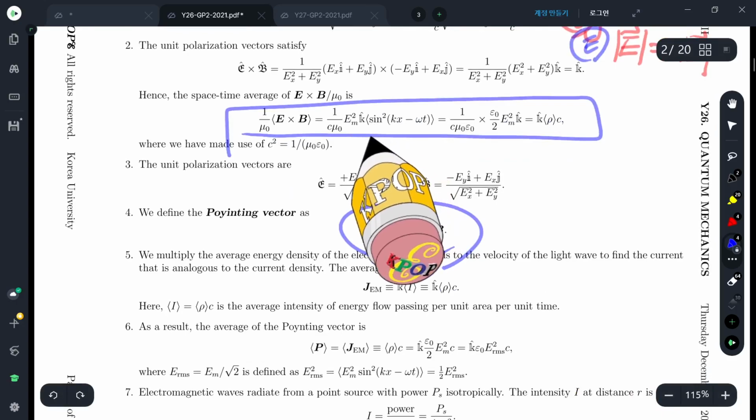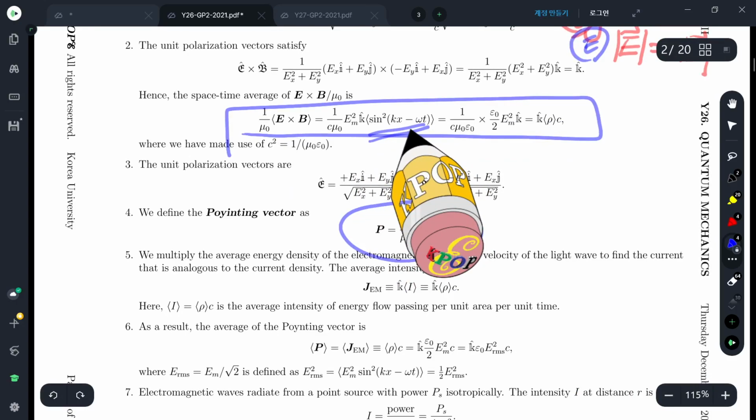The average of sine squared, either over space or over time, simply gives an RMS value.